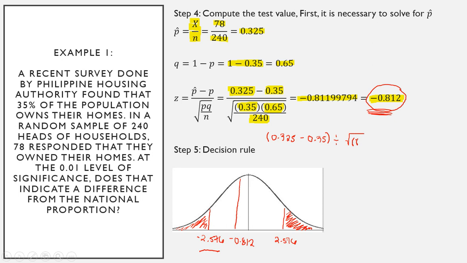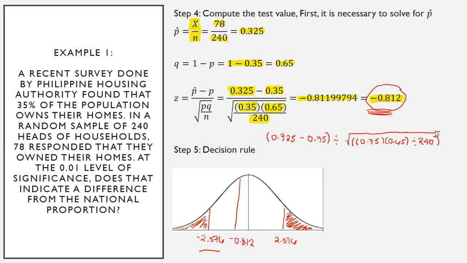Sir, why two? First, we multiply 0.35 and 0.65 and then divide that by 240. So 0.35 multiplied by 0.65, close it, then divide by 240, and close it. That's how you input it, and we should have the same answer. I'll give you a minute to input it and let's see if we have the same answer.